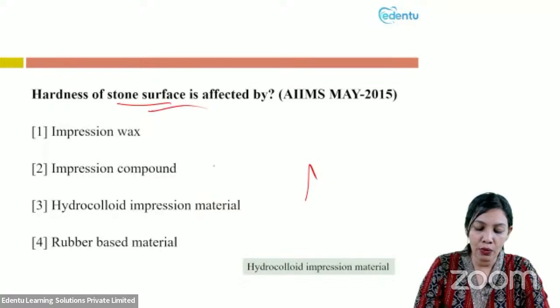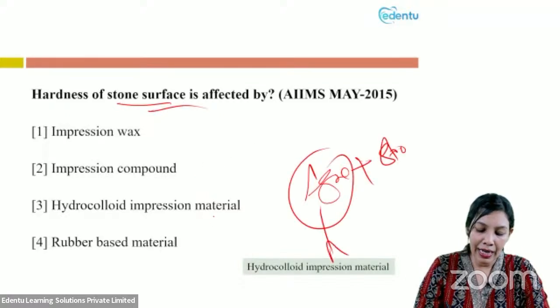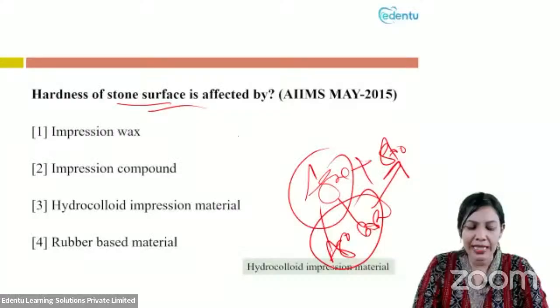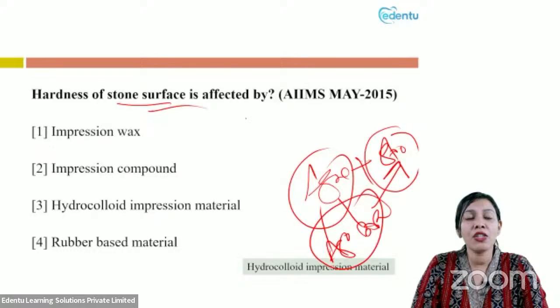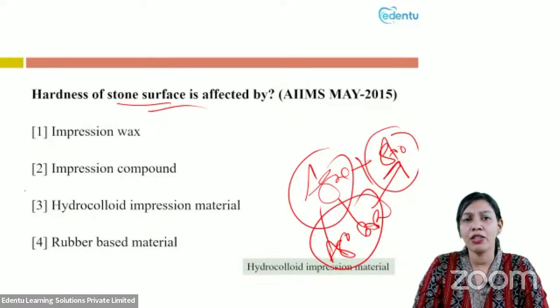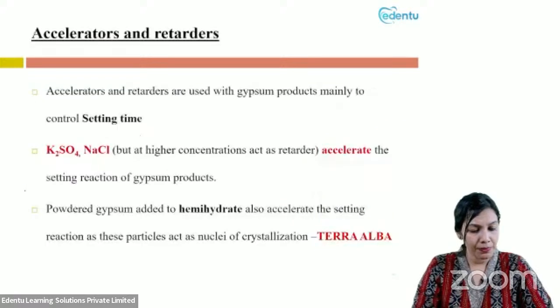So the hardness of the stone is often affected by a hydrocolloid. None of the other impression materials often affect the setting or hardness of a dental stone, right?